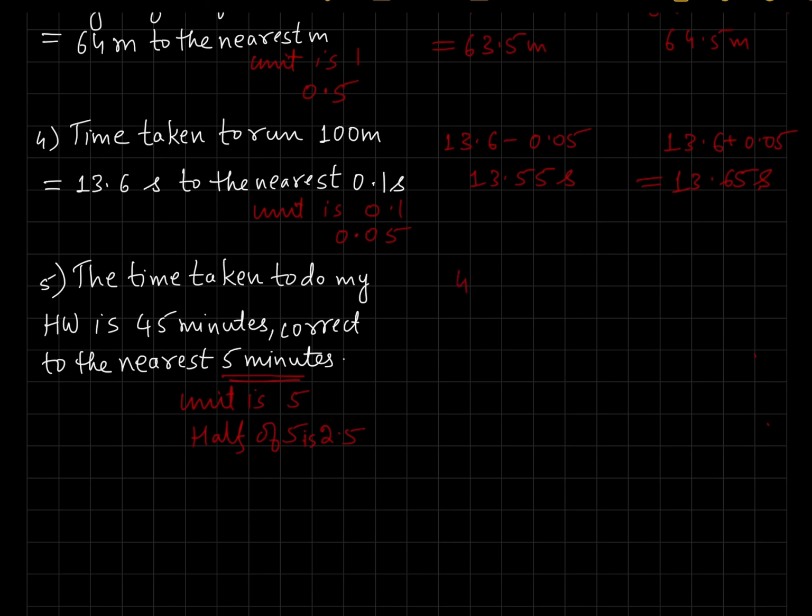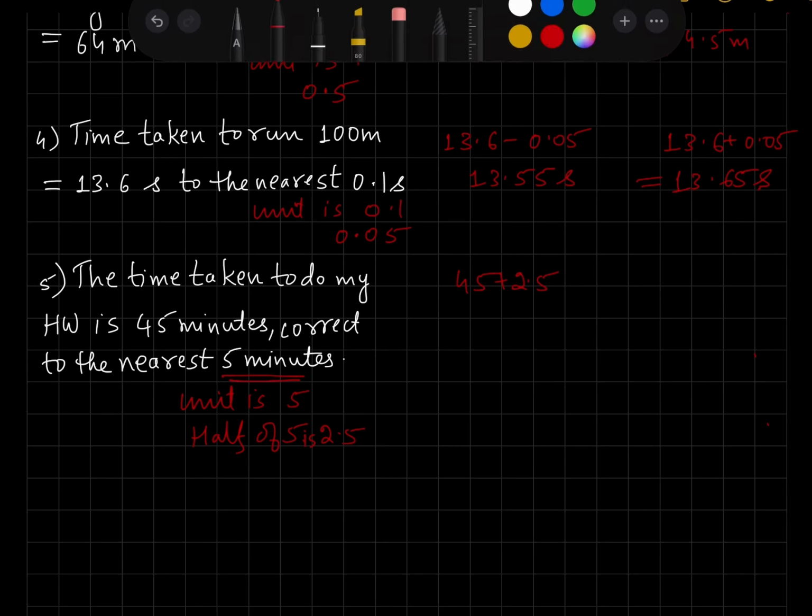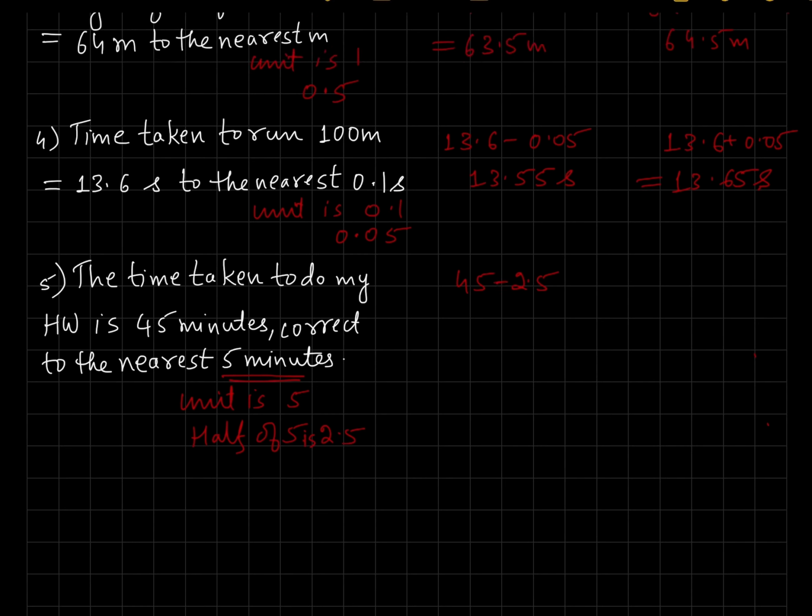So the lower bound would be 45 minus 2.5, which is 42.5 minutes, and for the upper bound it will be 45 plus 2.5, which is 47.5 minutes. Okay, so this is how we will find the lower or upper bounds.